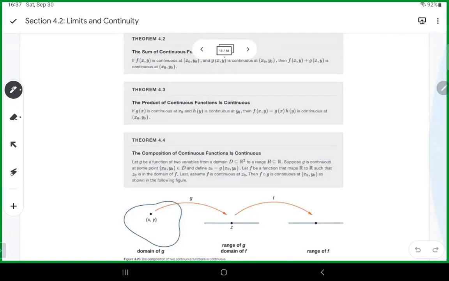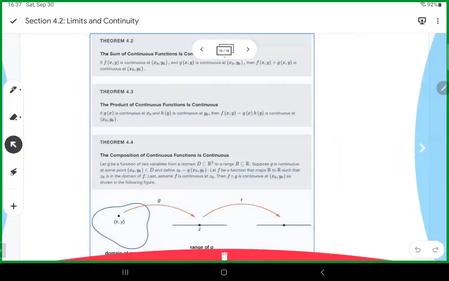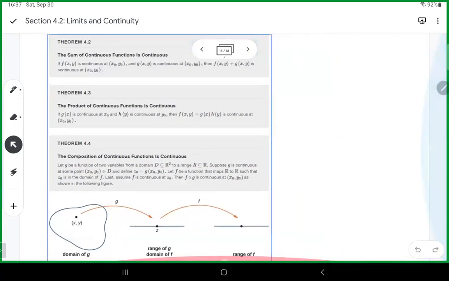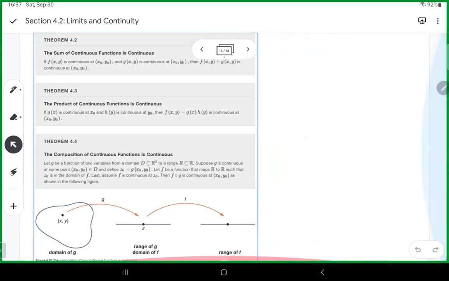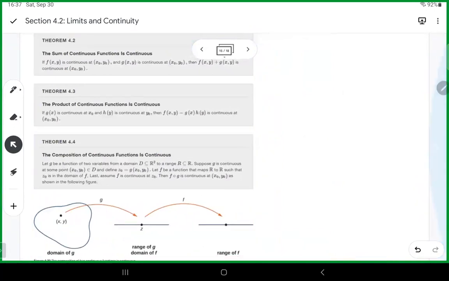So we have some more theorems. I'm going to move this one over. I was hoping to get it so you could see everything. I think you can see it. You can tell the bottom cut off, but it should be fine. So theorem 4.2, the sum of continuous functions is continuous.